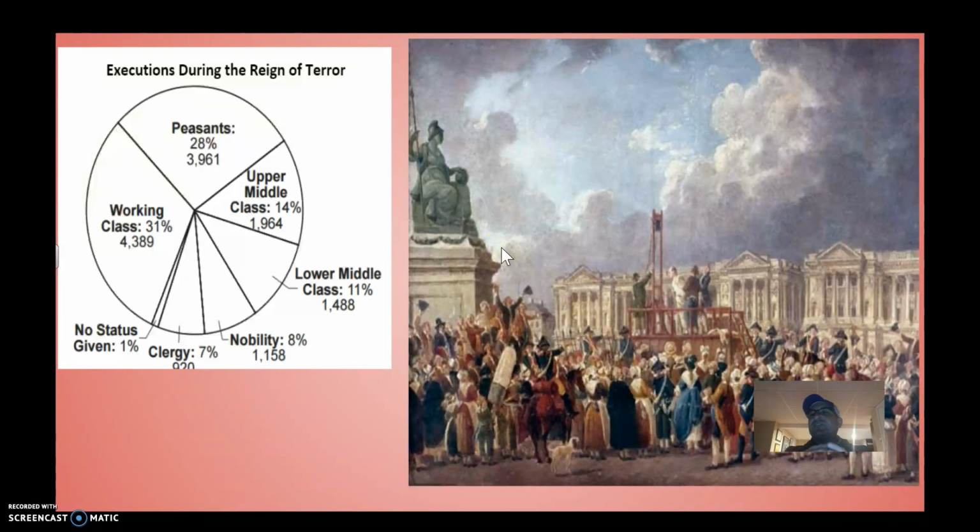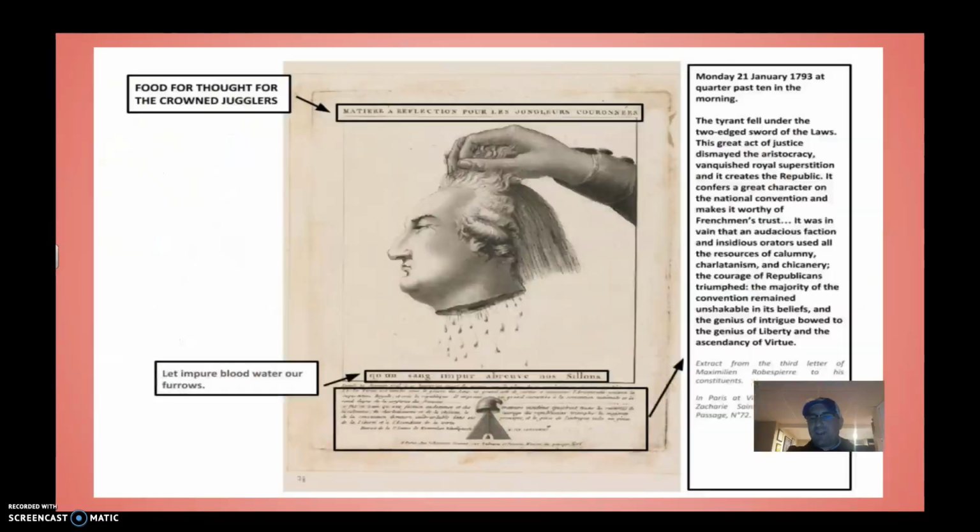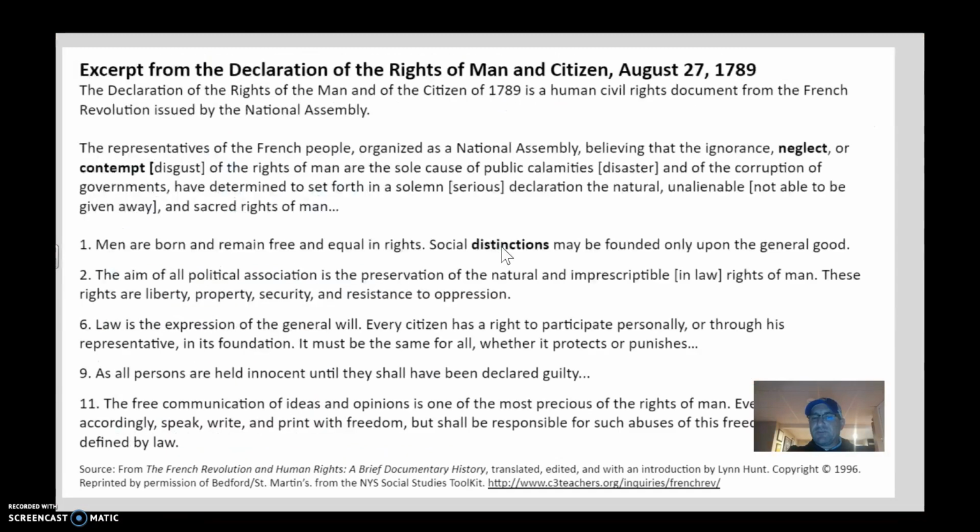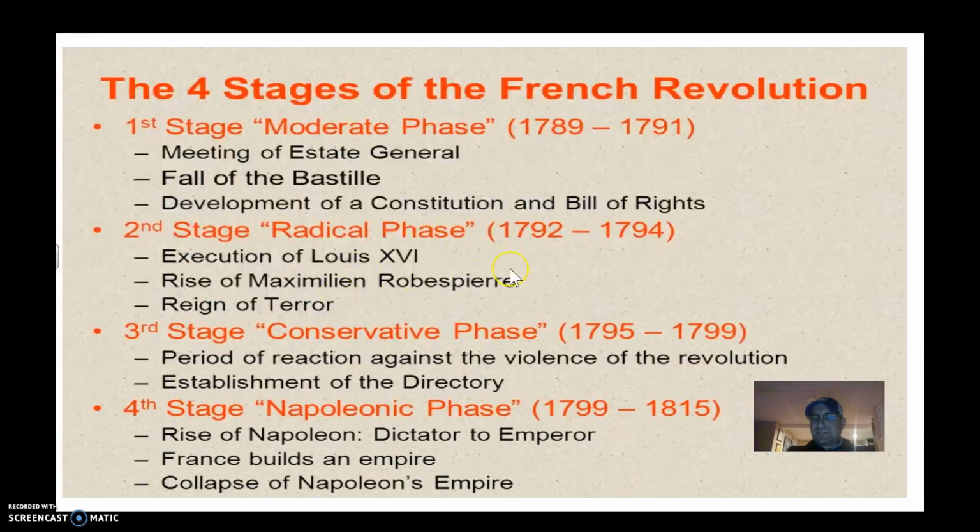Because even though he has an idea of democracy, and he has an idea of the revolution, the way that he goes about it is so extreme that it almost becomes counterproductive to what the revolution is. What ends up happening after the Reign of Terror is that you go into a conservative phase of the French Revolution. What that means is they kind of go back.